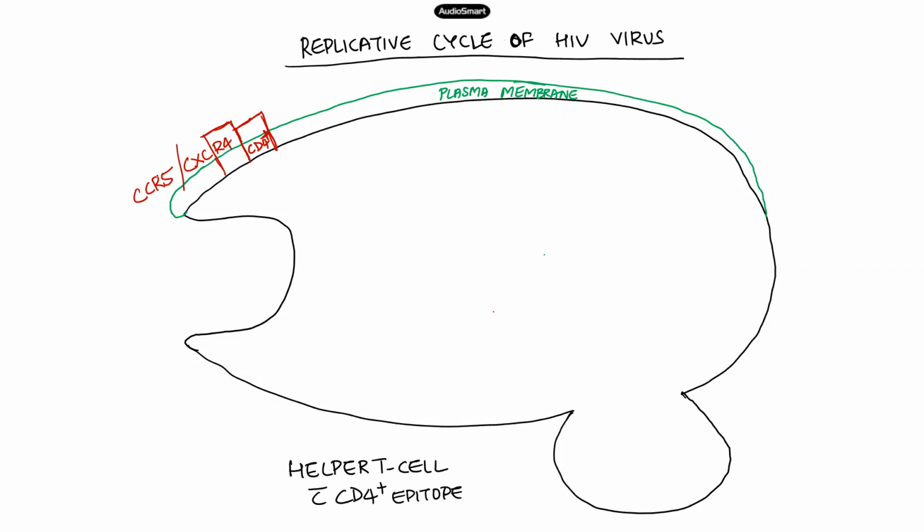So this is the importance of these receptors. These receptors are present on the plasma membrane, and this is the point of attachment of the virus, right? Since we're talking about the helper T cell, we have to talk about the CD4 plus on the plasma membrane and also CXCR4.